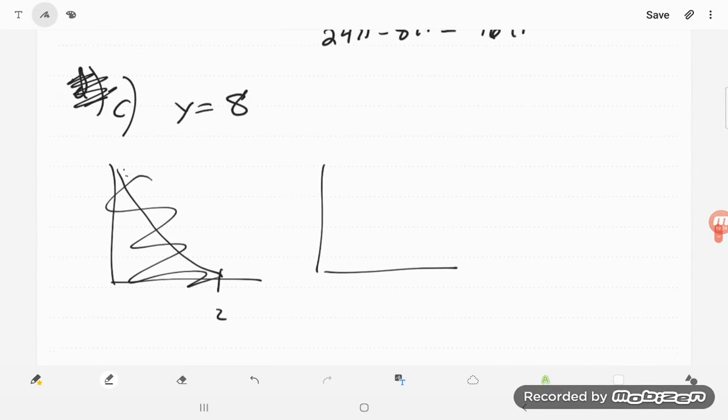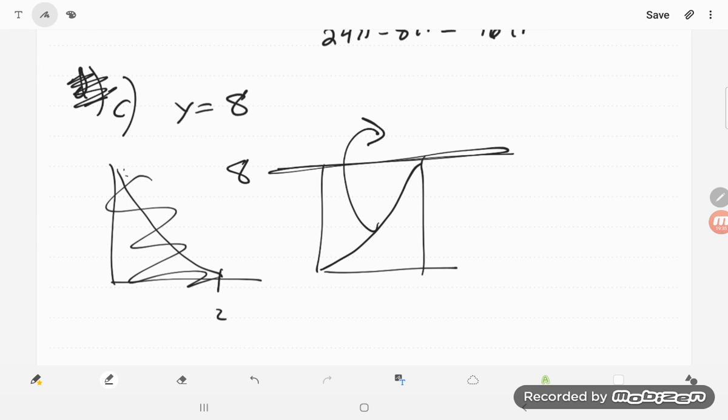Okay, so it looks like that, and we are going y equals 8, which is right there. So we're going to send it around this way. Well, that is a washer method again, because we have this outside part going around, but then the inside part, and again, we're interested in this, so we hollow out that inside part.